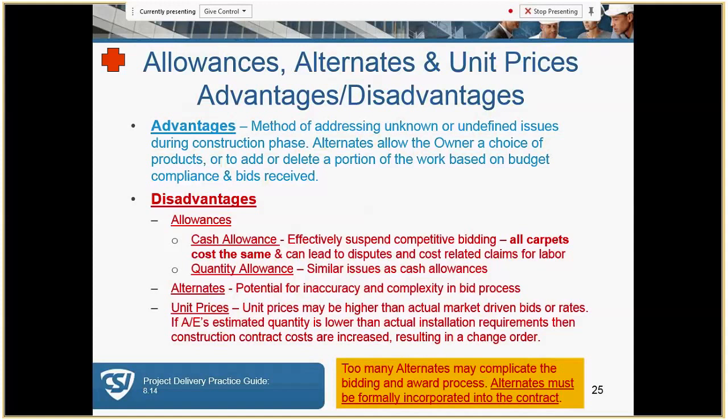And again, highlighted with a plus sign, too many alternates may complicate the bidding and award process, and alternates must be formally incorporated into the contract. And again, that's underlined, and that would probably be a test type question, that it does become part of the contract.